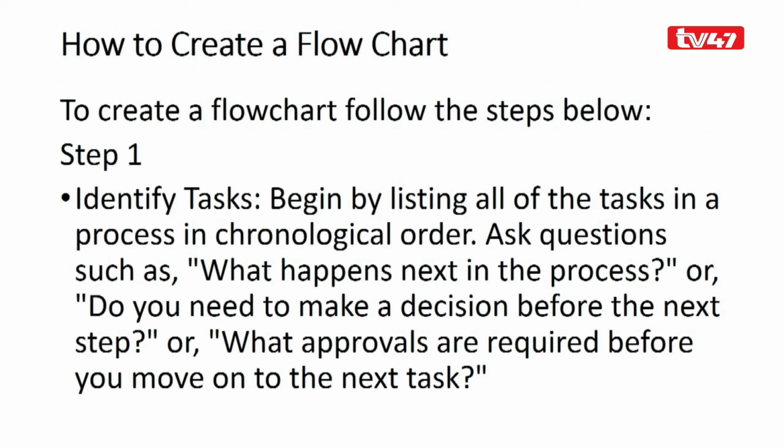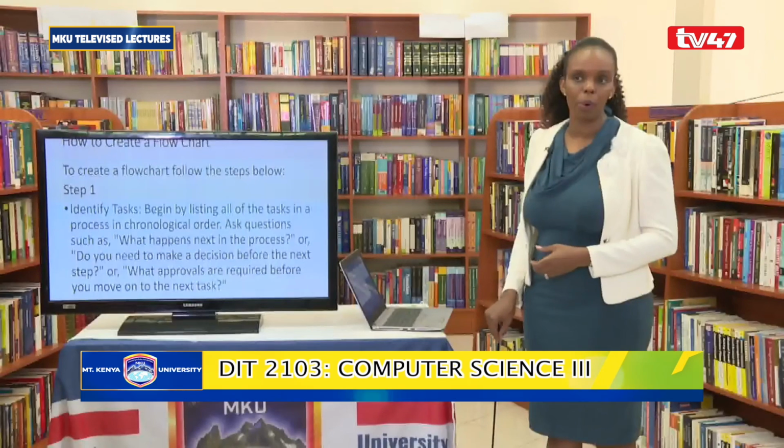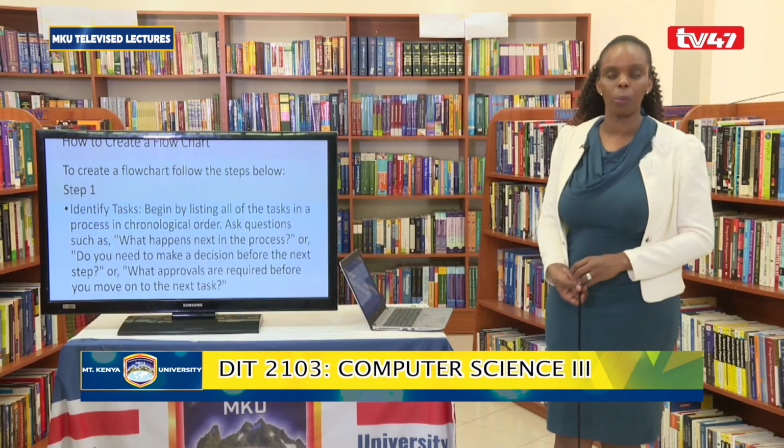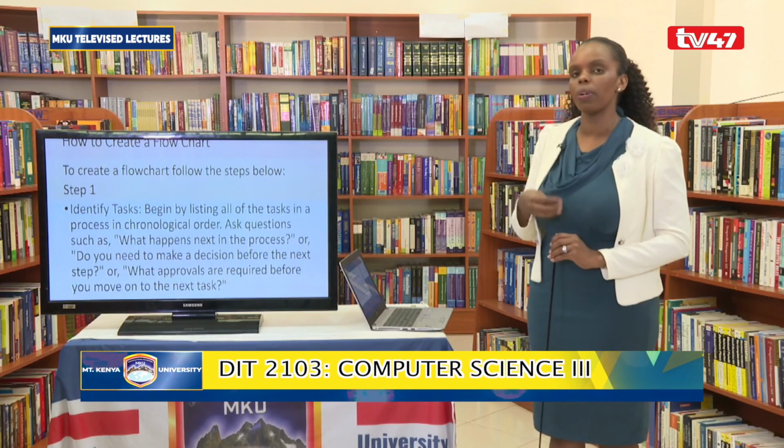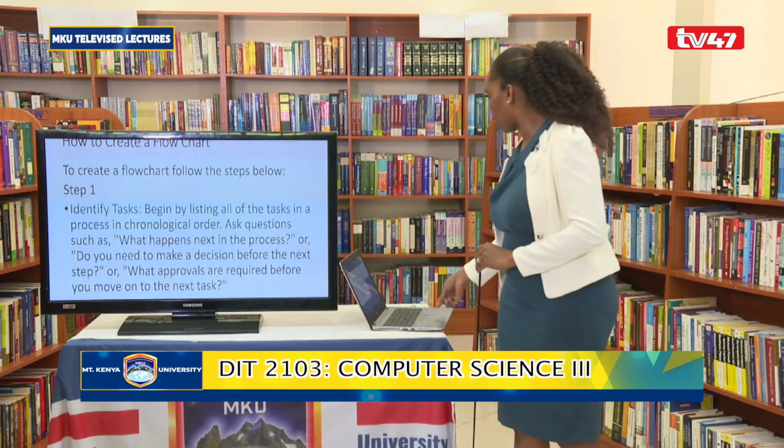Or what approvals are required before you can move on to the next task? So it's good to ask yourself these questions as you are planning how the tasks will be ordered, to avoid making a mistake, to avoid creating a bottleneck, to avoid creating another problem, to avoid errors during processing. So it's good to plan well, in chronological order, the way the activities will appear.